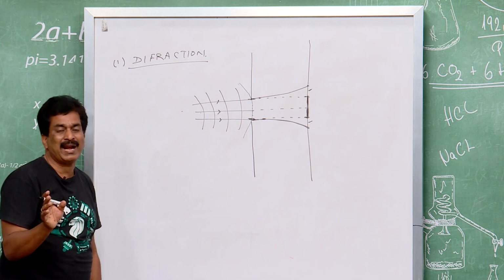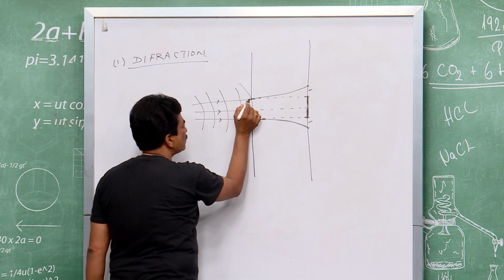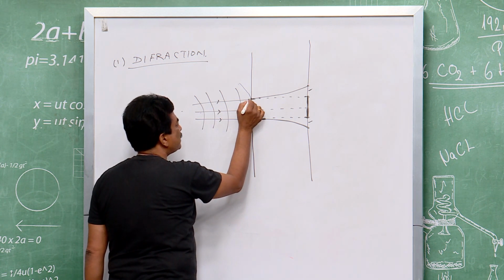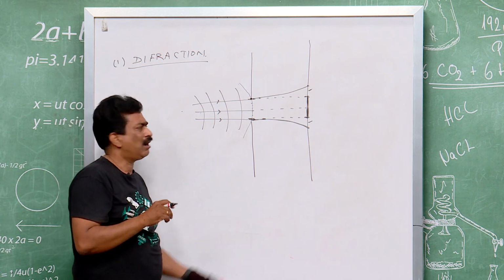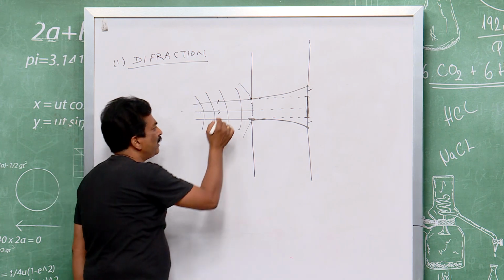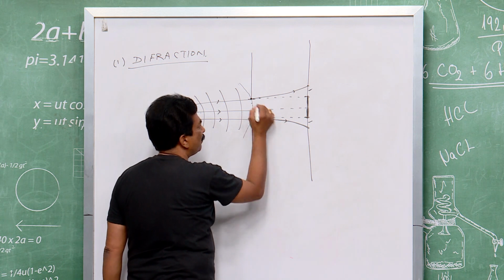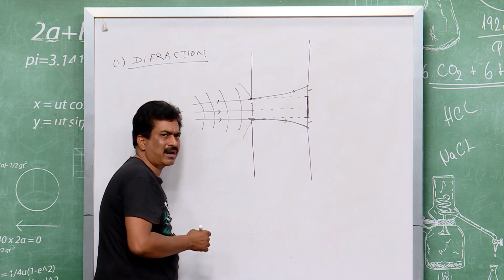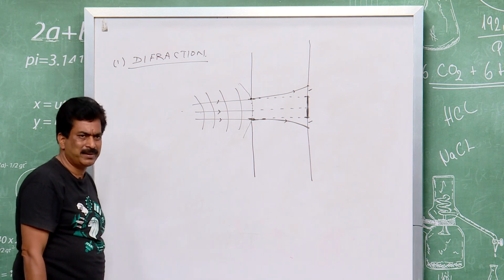That is the shadow region. Means it is observed that when the light is coming and passing through the passage, at the corner or around the corner, it bends, means this light is bending only at its corner side. So this is one of the experimental observations.